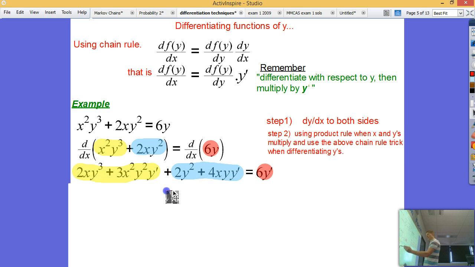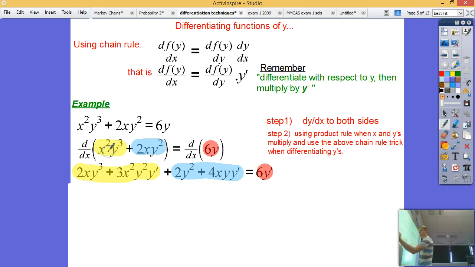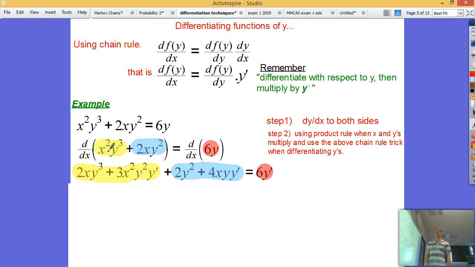We have the first part, okay, the yellow here. When we differentiate those two terms, we can see first they're a product of terms. x squared multiplied by y to the power of 3, we have to use our product rule. So we'll have 2x times y to the power of 3, that's the u dash times v, plus, and then the last bit is u times v dash. Product rule application there.